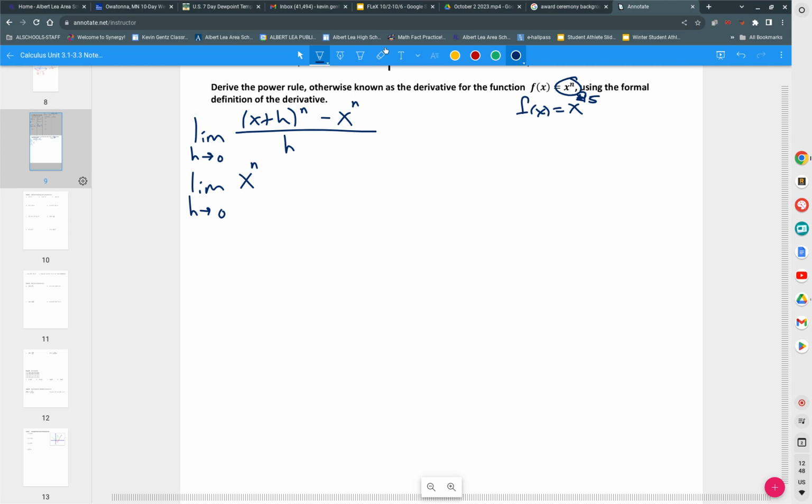What would the last part be? And then we would have minus x to the nth, and that would be all over h. Great. So now we just got to figure out the middle, right?